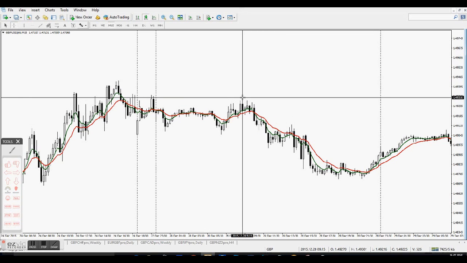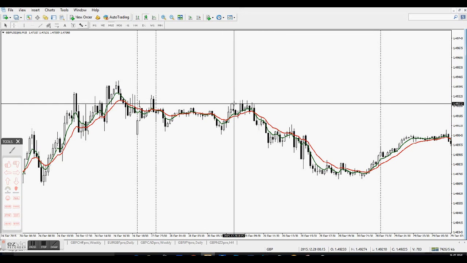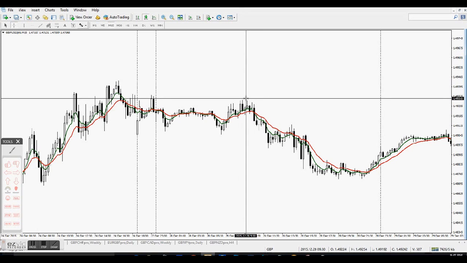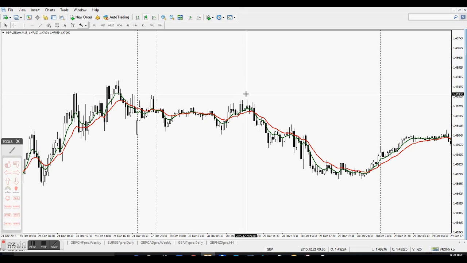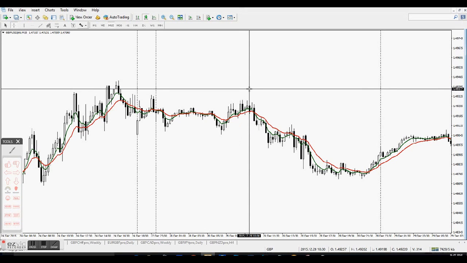And then the second area is where people put their stops above these highs here, which is the 49.30 to 49.35 or 40 area.